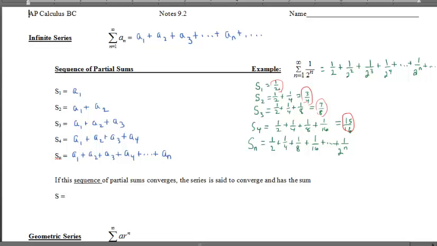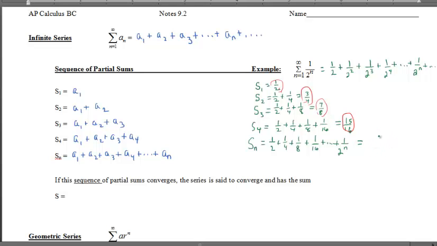We could do a little further work with this. Let me come up with an expression for the nth partial sum. If I looked at all of these values, numerically we got a half, 3/4, 7/8, 15/16.